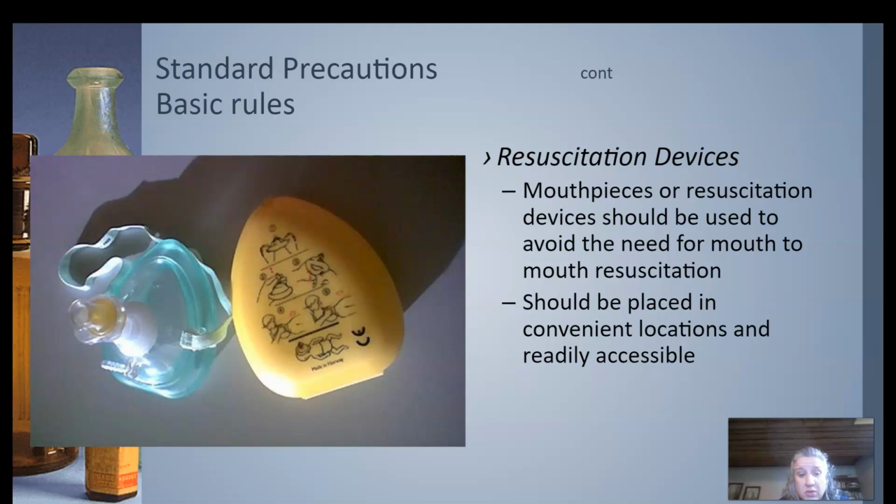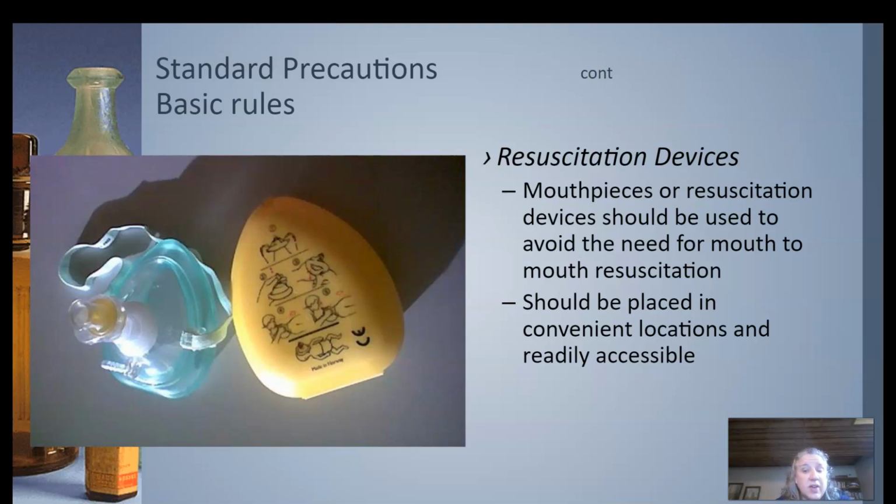It can be washed and reused again. But the part on the top where it looks kind of yellow has to be disposed of after it's used, because it's got a one-way filter in there, and once it's been used, it's contaminated and you're not able to clean it. That part gets thrown away.